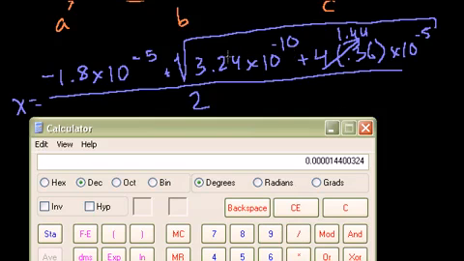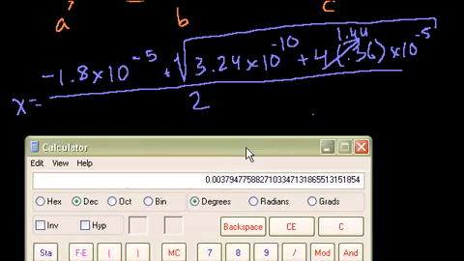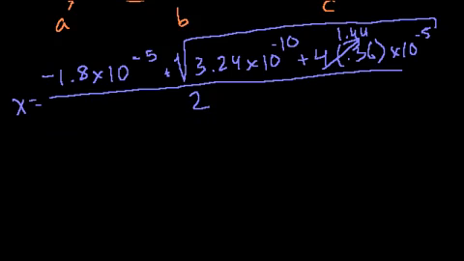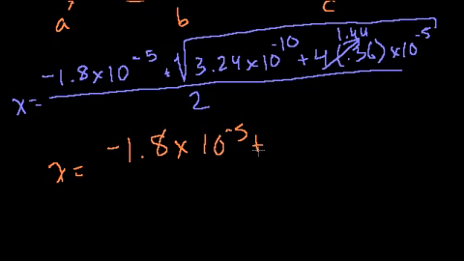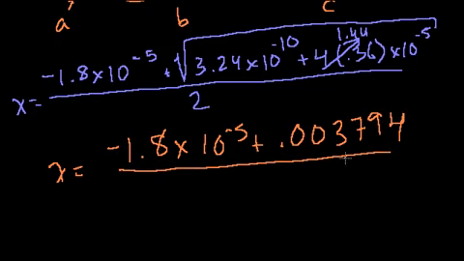So that's this whole thing under the radical, and I want to take the square root of that. And so that is to the 0.5 power. So I get 0.00379. So I'll switch colors. So I get x is equal to minus 1.8 times 10 to the minus 5 plus 0.00379, all of that over 2.